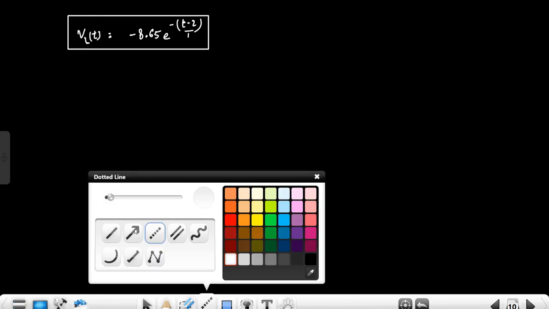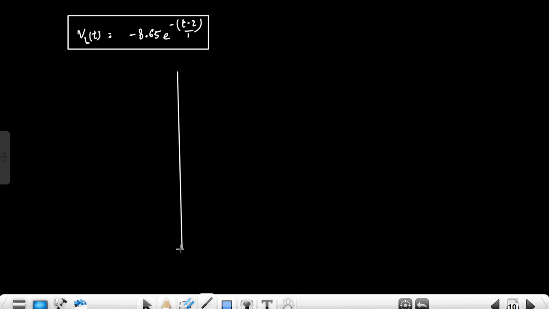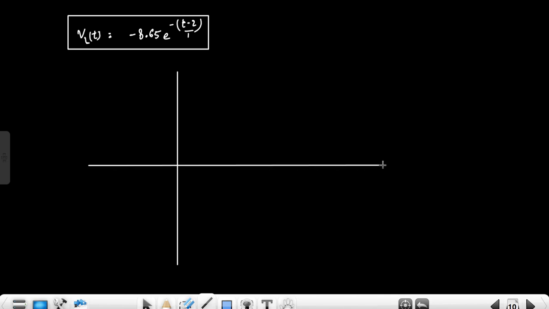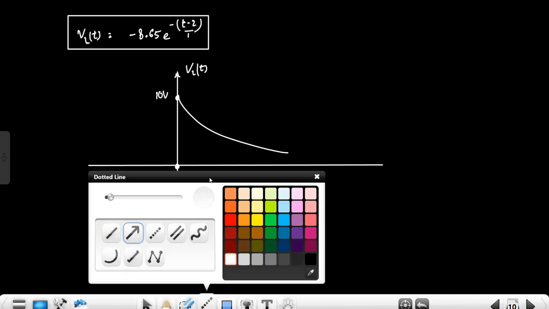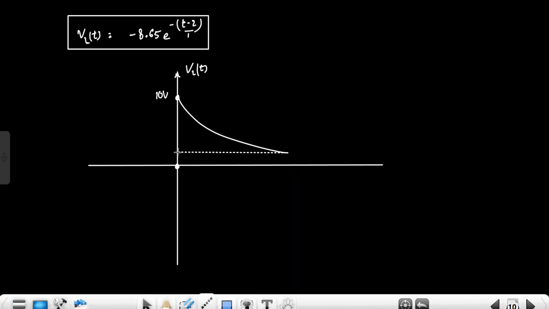So once again I am making this waveform for the inductor voltage more clearly here. So this is the inductor voltage. First it is having an initial value, this is the 10 volts, right, which is VL(0+). After that it is discharged up to this 1.35 volts, up to the time instant that is 2 seconds, right.